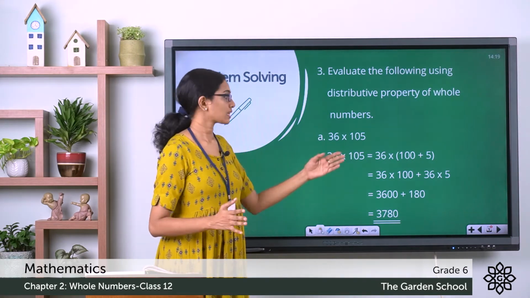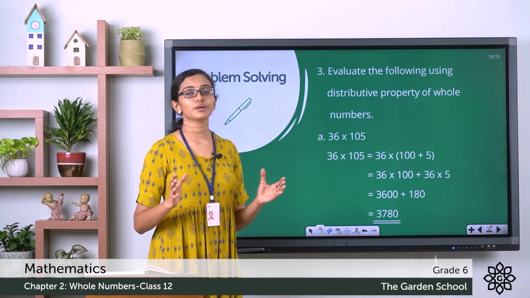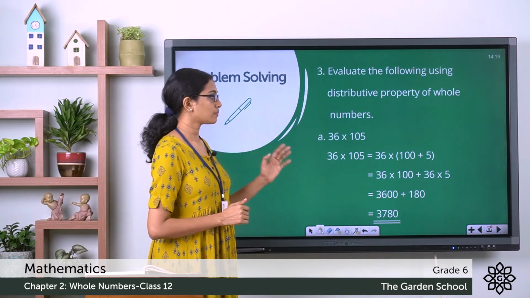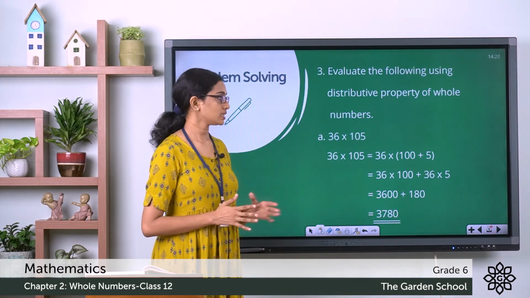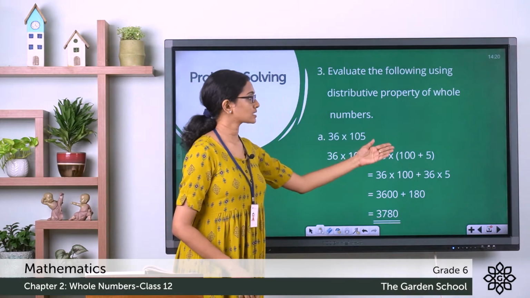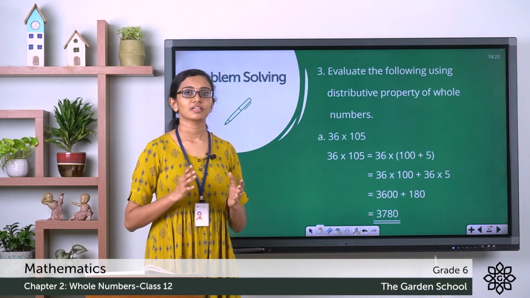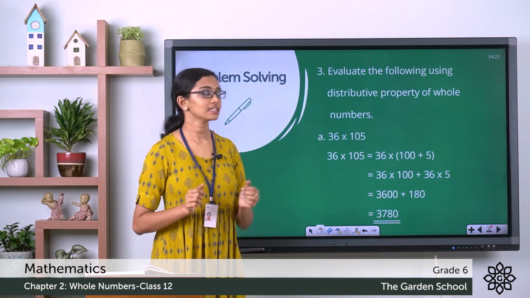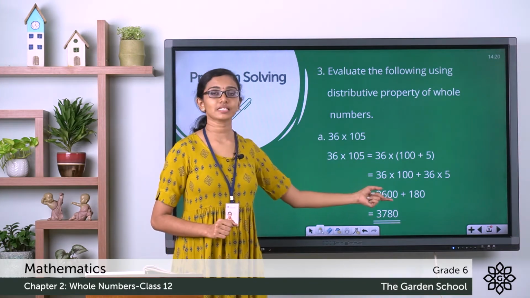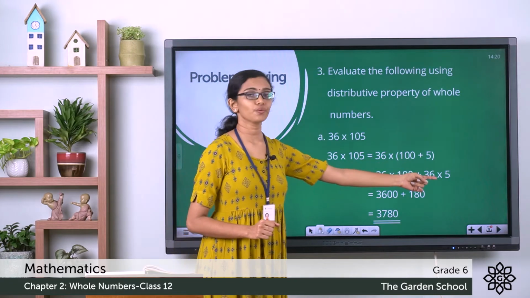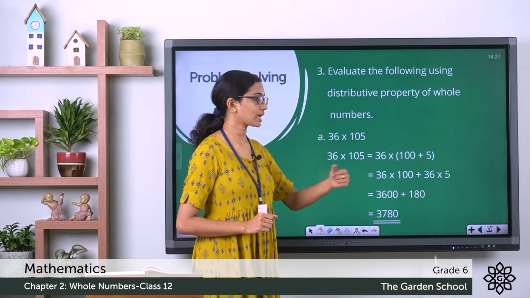We have split that 105 as 100 plus 5. Now applying distributive property here, this becomes equal to 36 into 100 plus 36 into 5. Now what is 36 into 100? This is equal to 3600. Now what is 36 into 5? It is equal to 180.